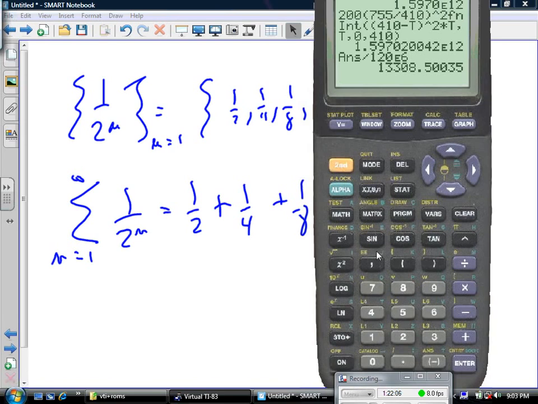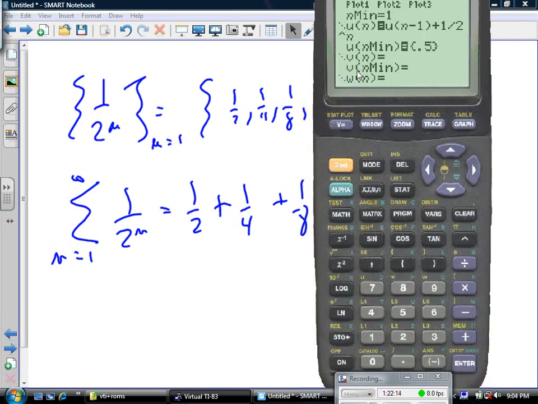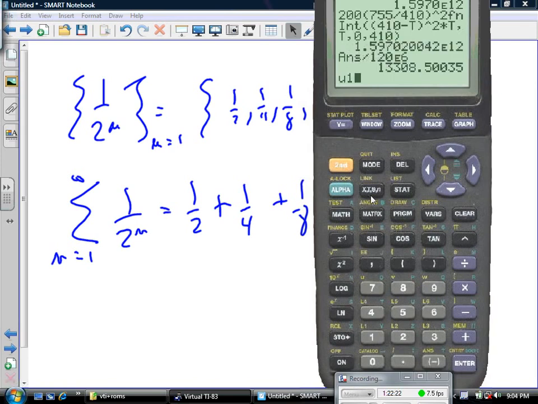Second mode is quit. I'm going to actually do a convergence table on alpha U1. Remember y equals? We were in U. Oh, sorry, this is not U1. It's just U. Sorry. I'm thinking of the 89 that has a U1. So it's just U. Okay, I want U of 1.